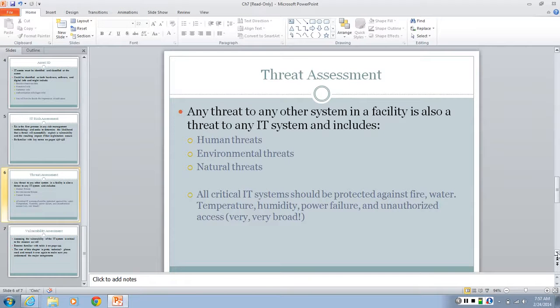So in theory we would call that unauthorized access because they're doing it for the wrong reason, but on the surface they look just fine. So you have to be on the lookout for that as well. Anything that could possibly cause you a loss in any other aspect of your business can also cause you a loss in regard to the IT infrastructure.